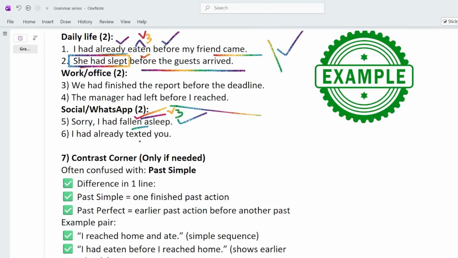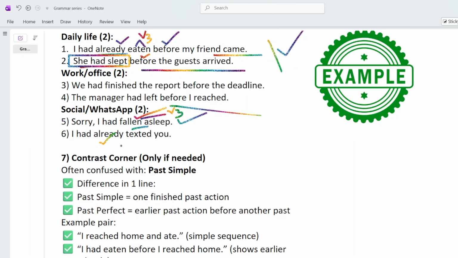If you miss a call or if you forgot to message someone back, you can just say this. Sorry, I had fallen asleep. I had already texted you. All right. You can just say I had texted you, but already kind of gives you a sense of completion. Great. This tense is not just grammar, guys.